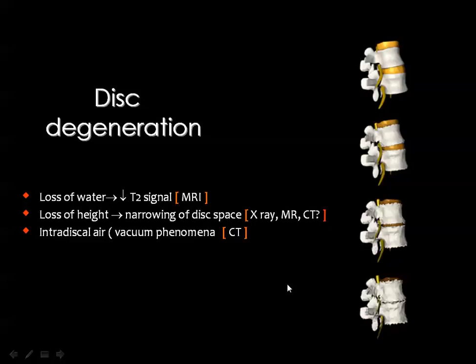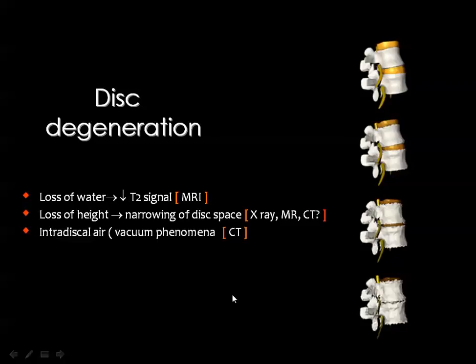The process of disc degeneration starts by loss of water from the nucleus, and this is only detected by MRI. Then after the nucleus loses the water content, it will lose its height. Loss of height will lead to narrowing of the disc space, and this narrowing of the disc space can be seen by X-ray, by CT, and by MRI.